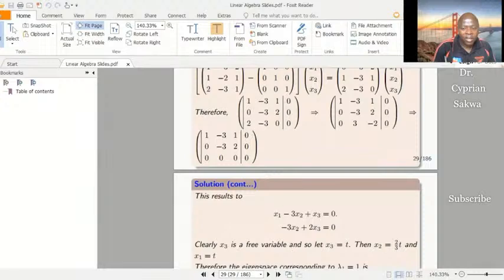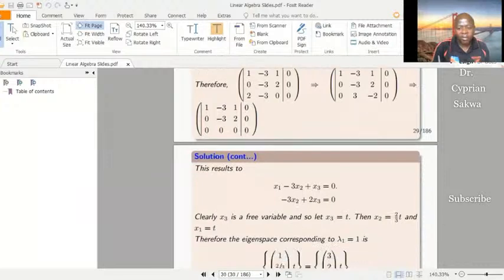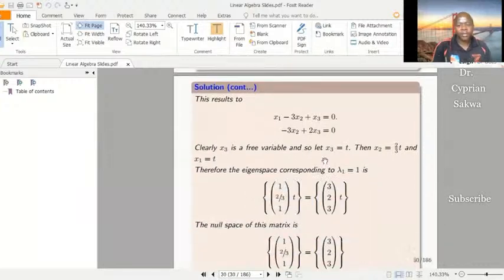Let it be t. X3 is a free variable. Let it be t. So if x3 is t, taking the other side of equation 2, if you make x2 the subject of the formula, this is what you have. Negative 3x2 is equal to negative 2x3.